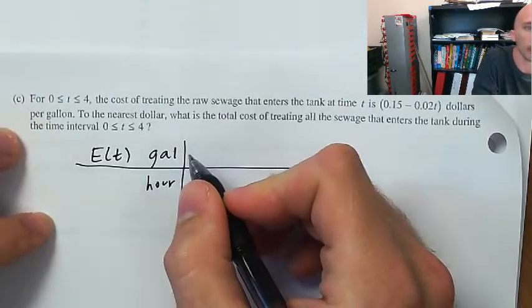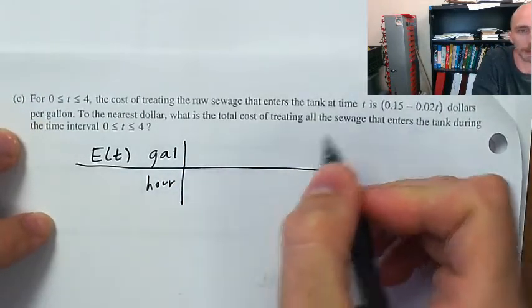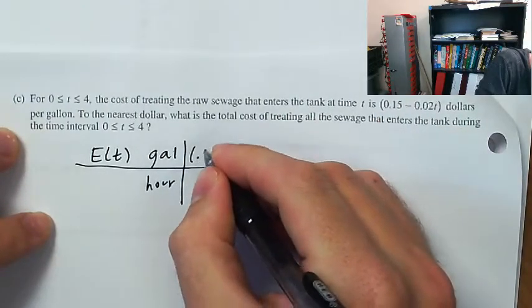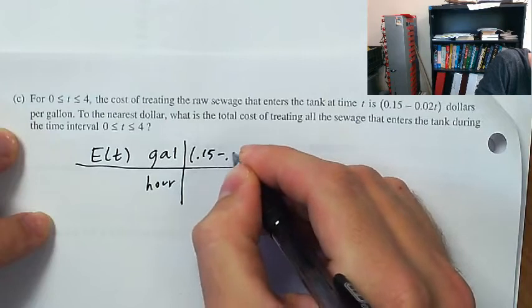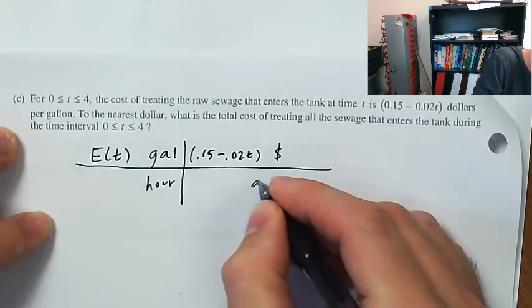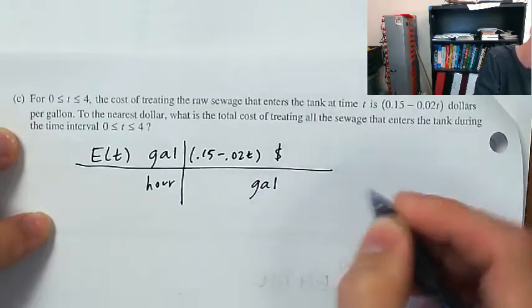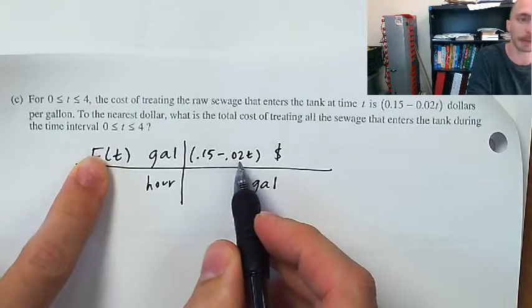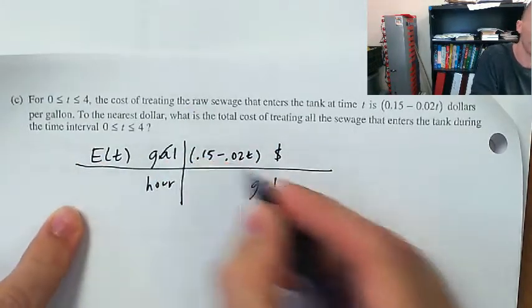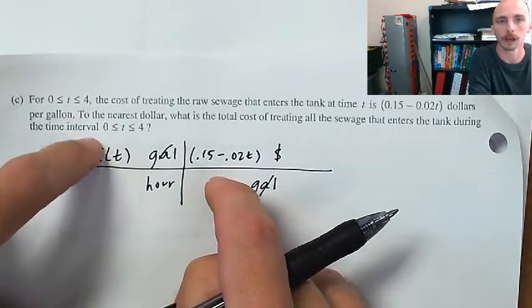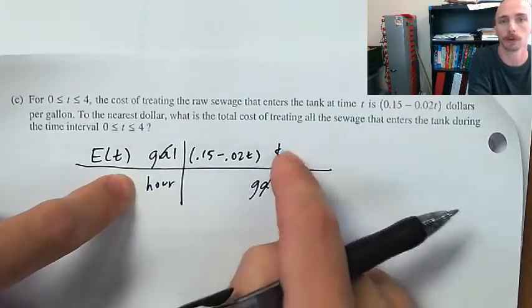Okay, and then we're going to, I think, multiply by this other function, 0.15 minus 0.02t, and that's dollars per gallon. That is going to come out to E of t times 0.15 minus 0.02t dollars per hour, so I could integrate this function with respect to time and get a total number of dollars.